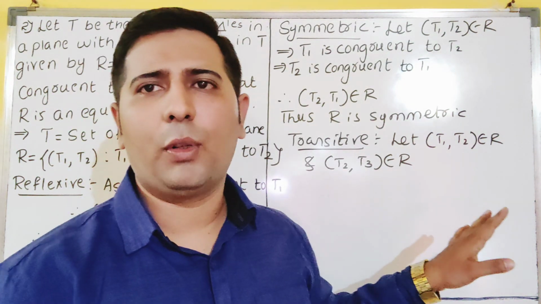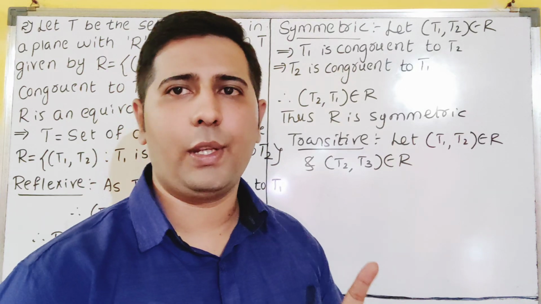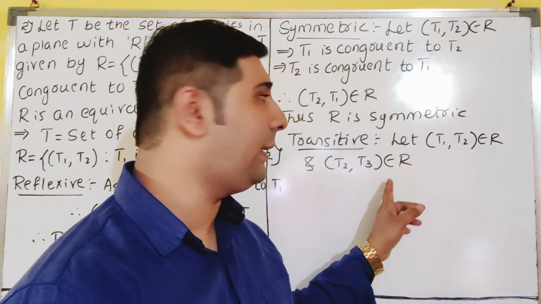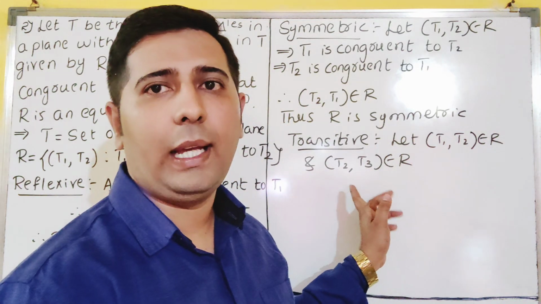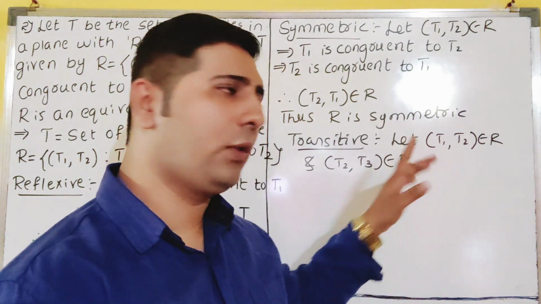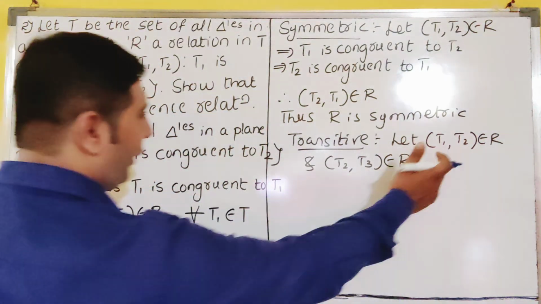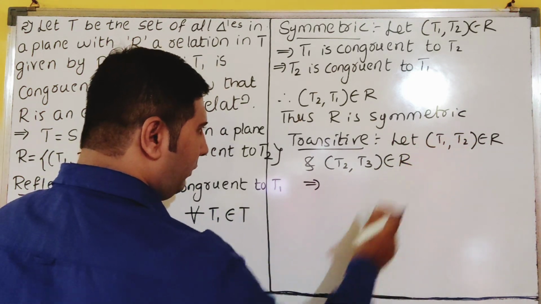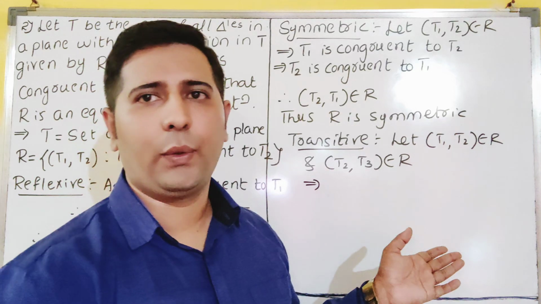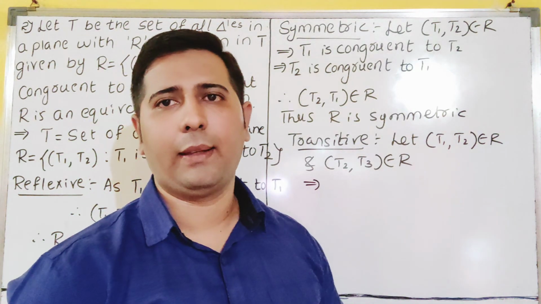If you don't know the concept, please go and see the first video, where I explained the concept first and then did the problems. Don't write the sentence directly, that it implies (T1, T3) belongs to R.